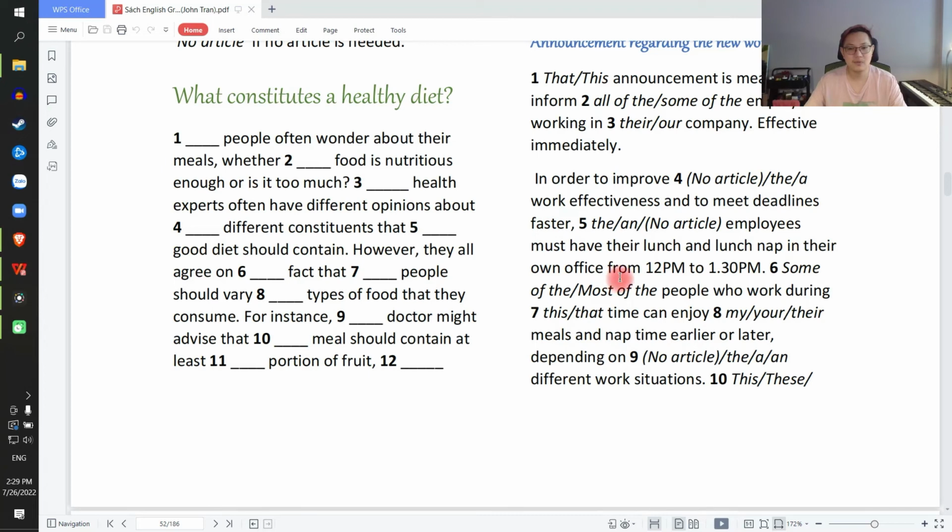Những nhân viên bắt buộc phải ăn buổi trưa và ăn ngủ trưa ở trong cái văn phòng của riêng họ từ 12 giờ trưa đến 1 giờ rưỡi trưa.